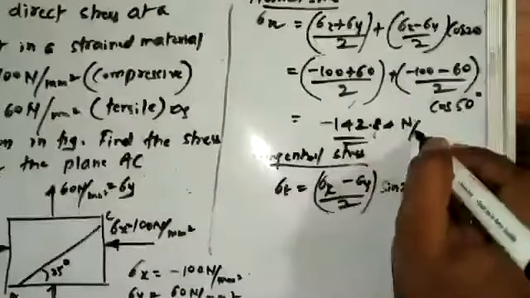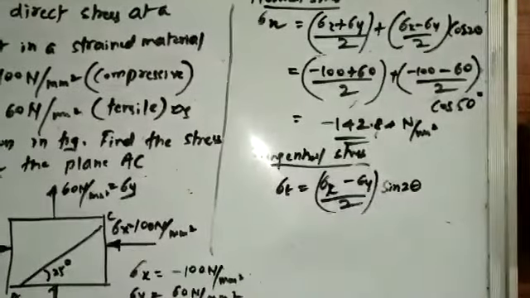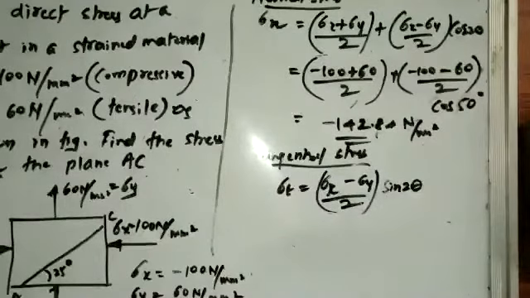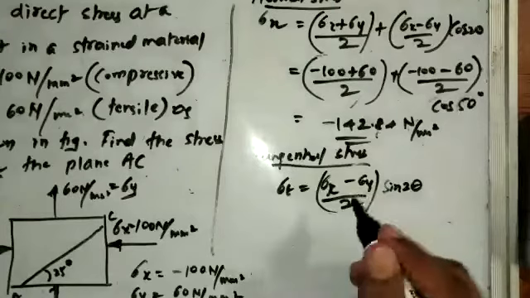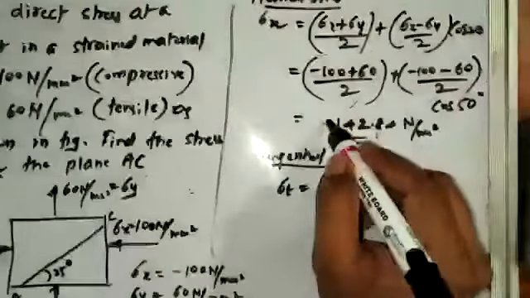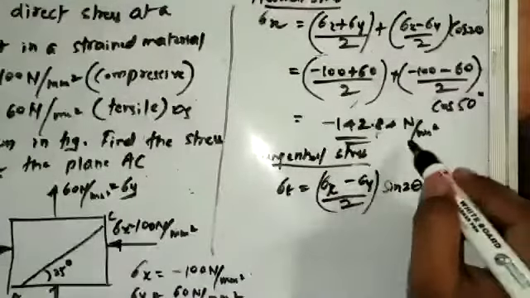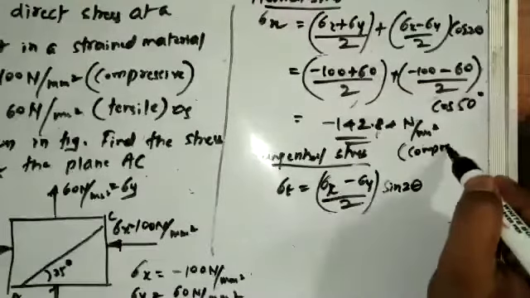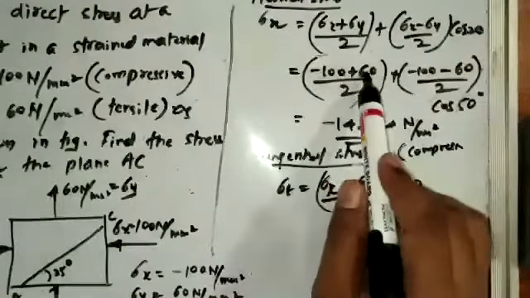Is that correct? Check once again. You don't need to put the sign, because minus means you can write compressive. Say 100 minus 60.